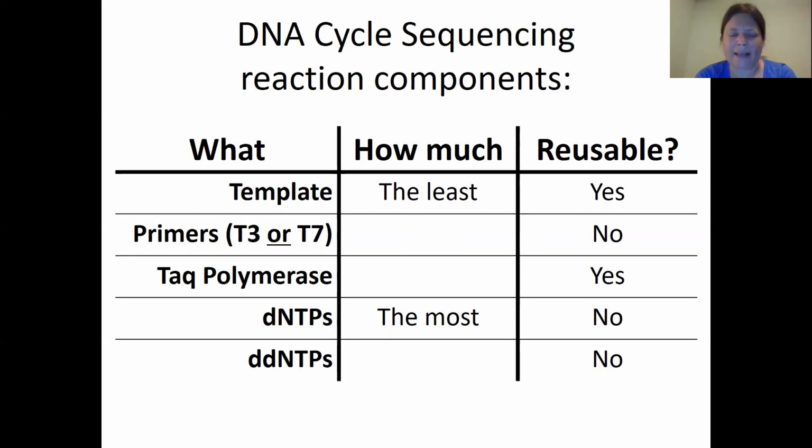Then looking at the remaining 3 things we need. Every sequencing product is going to begin with a primer and end with a ddNTP. So the amounts of those that we put in are probably going to be comparable.